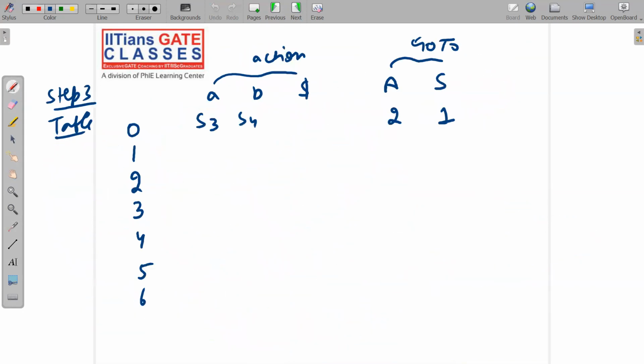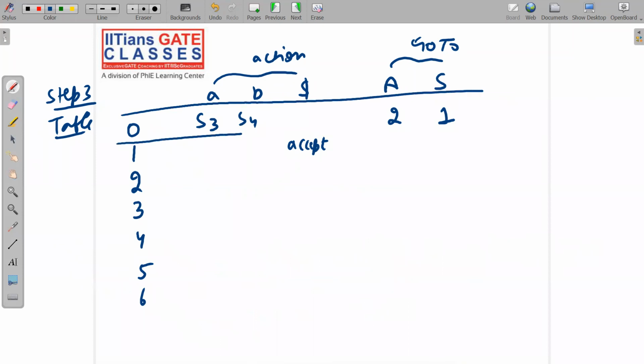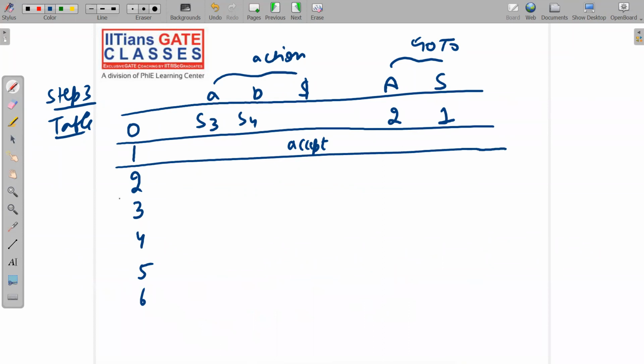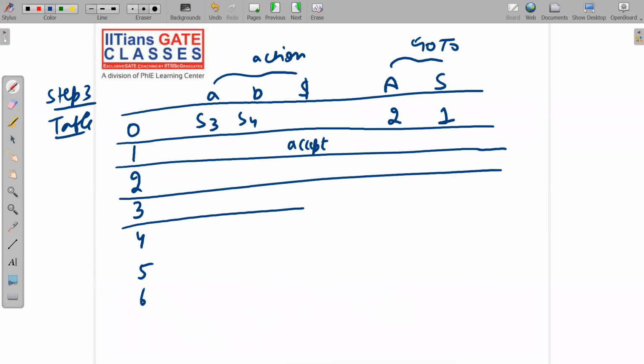Now 1 on dollar, we will say accept. Okay, let me sketch the lines, otherwise you may get confused.